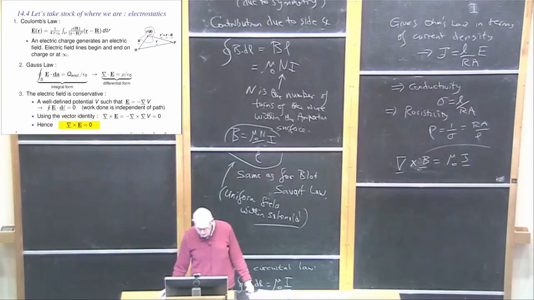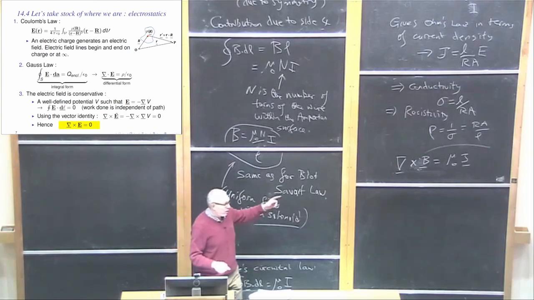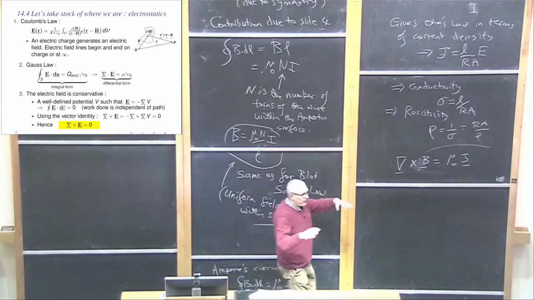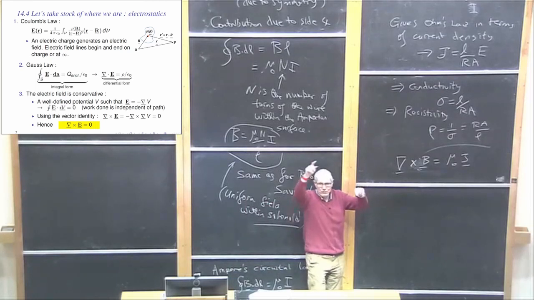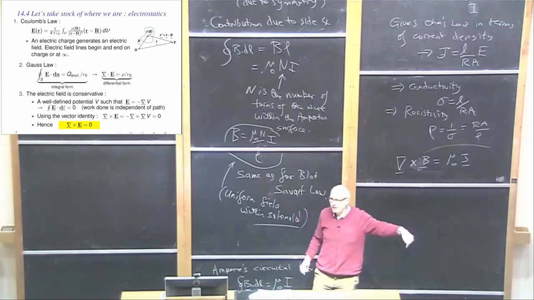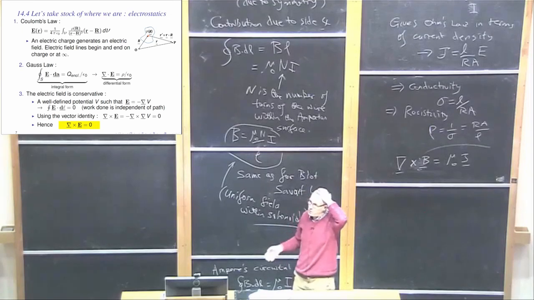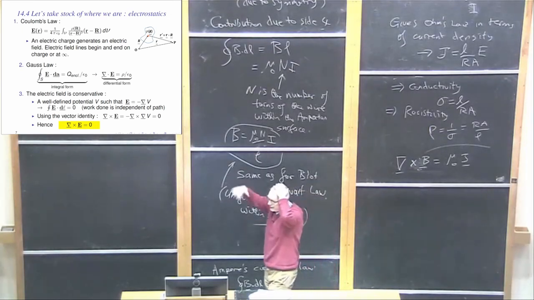The field is conservative. If you've got electric fields, you can go from some point, taking a route, dragging a charge along with you, and coming back to the same point, and you do no work against the field, because any work you put in, you get back.